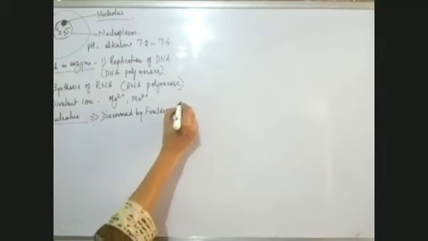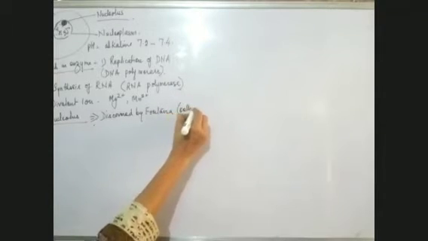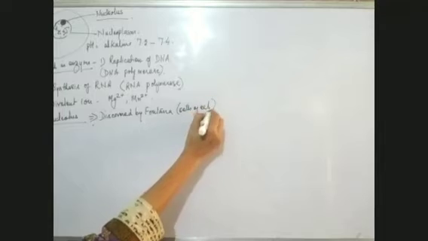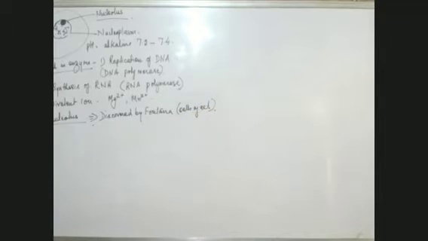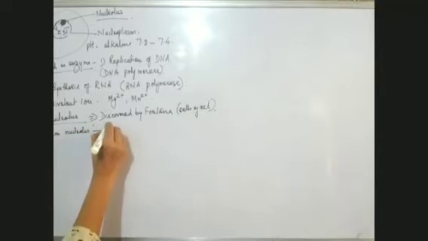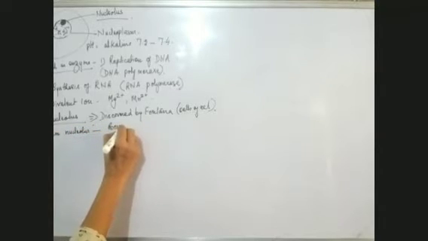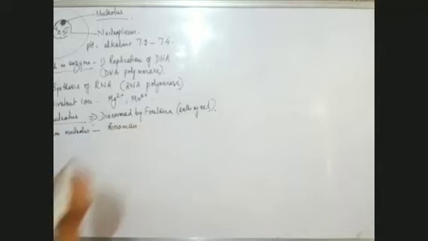Eel is a fish; there it was discovered. The term nucleolus was given by another researcher known as Bowman. So this is about the discovery and the term given.